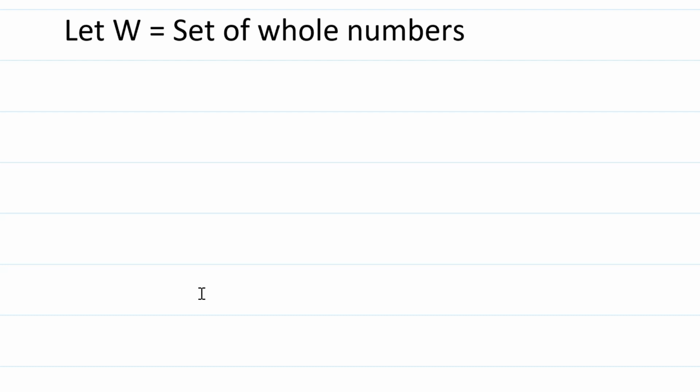Let W be the set of whole numbers. Then W is 0, 1, 2, 3, dot dot dot. There are infinite whole numbers and therefore set W is infinite.